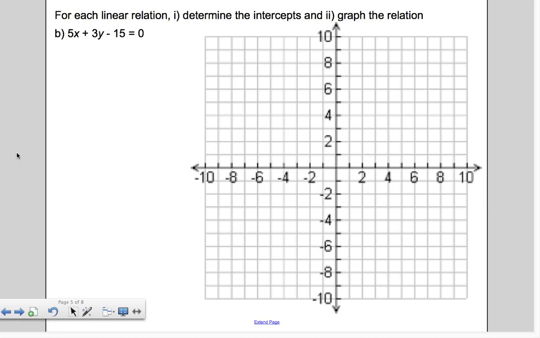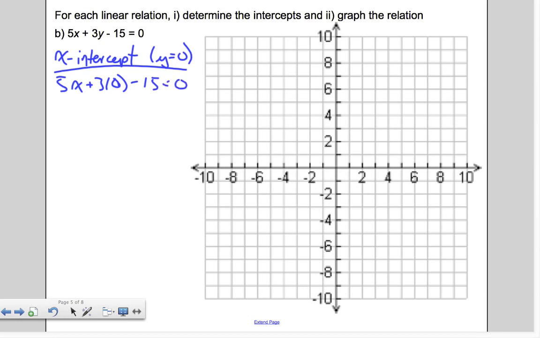Okay, so I'll take this up quickly because there's one other concept I want to get through. So here are the x-intercepts. That means y is equal to 0. So we get 5x plus 3 times 0 minus 15 is equal to 0. We get 5x minus 15 is equal to 0.